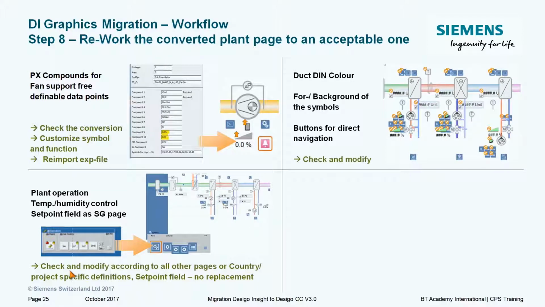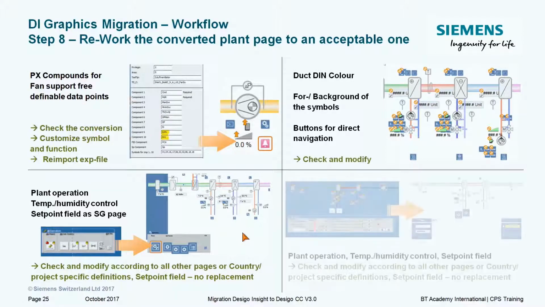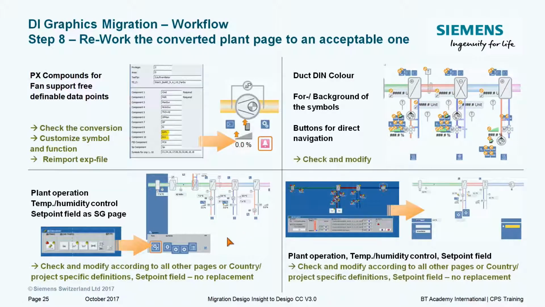So it has to be checked and modified. And the plant operations are very different, depending on the amount of control you're having. Okay, it's really different between the different air handling units.